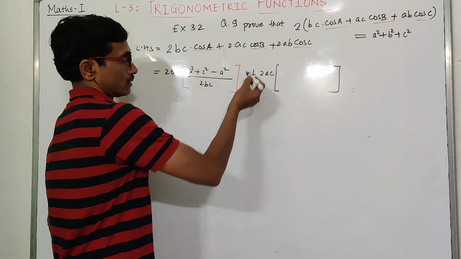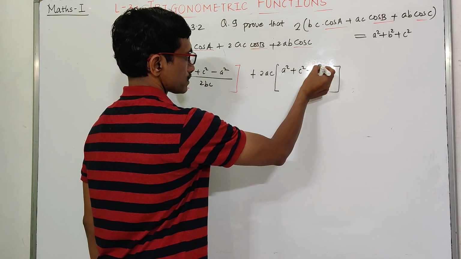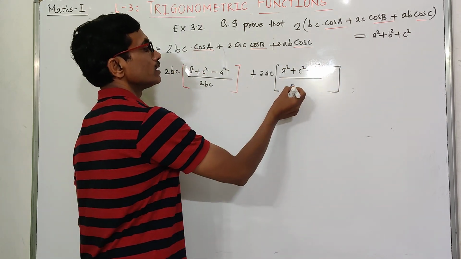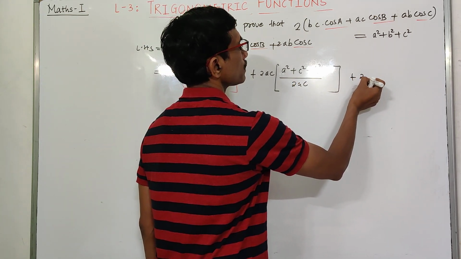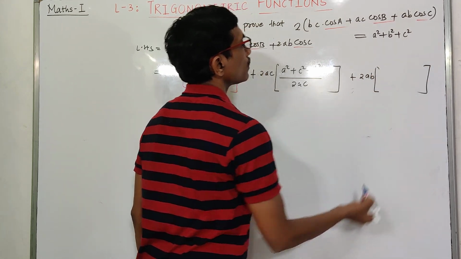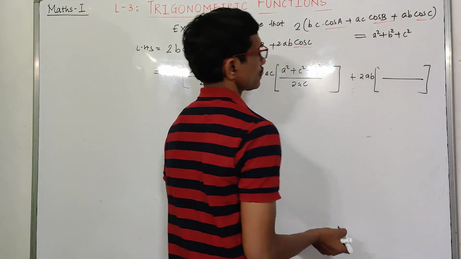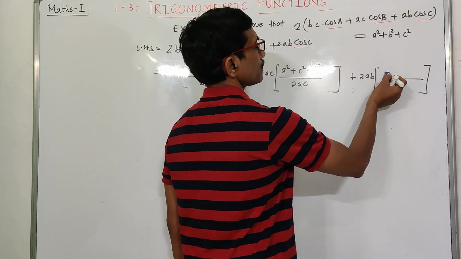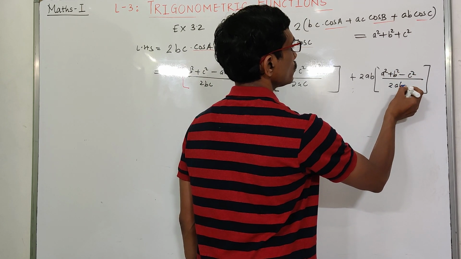Cos B is a square plus c square minus b square upon 2ac. Then the third term 2ab into cos C. Cos C is a square plus b square minus c square upon 2ab.